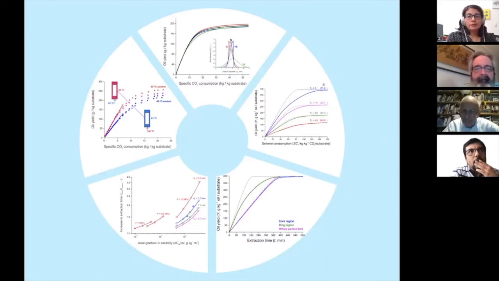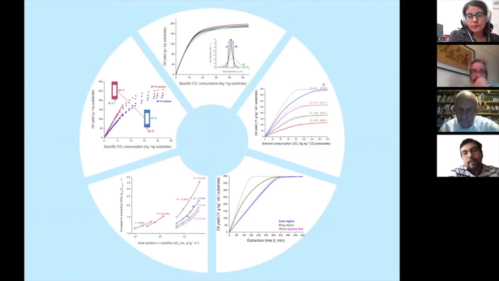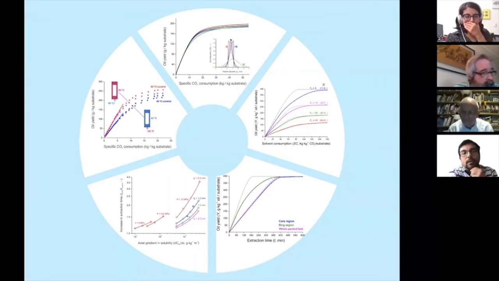So in these cases, we have to determine our packed bed very well first. You have to determine the initial concentration of the solute in the solid matrix, and then when you pack these particles in an extraction vessel, you have to determine the porosity of your bed, and indirectly the inner porosity of the particles.